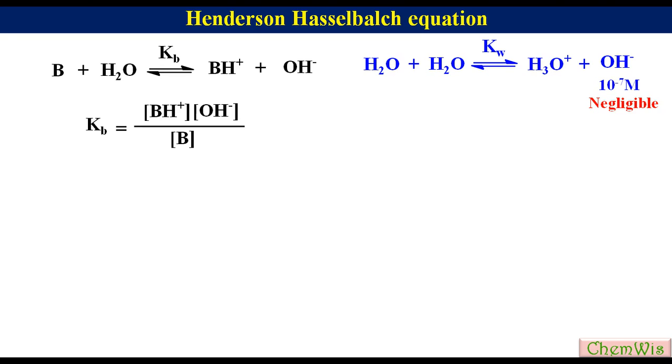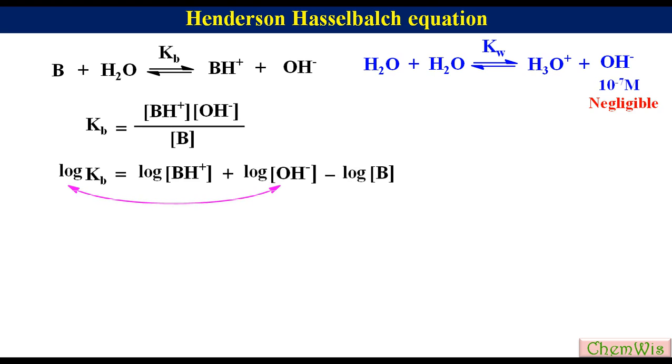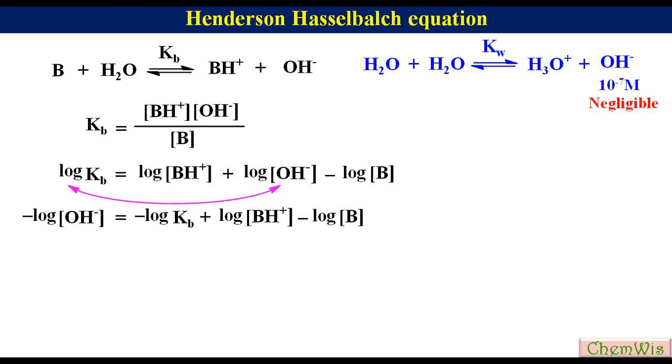Taking logarithm of both the sides of this equation will give log Kb is equal to log BH plus plus log OH minus minus log B. Swapping the position of log Kb and log OH minus will give minus log OH minus is equal to minus log Kb plus log BH plus minus log B. Minus log OH can be written as pOH and minus log Kb as pKb.